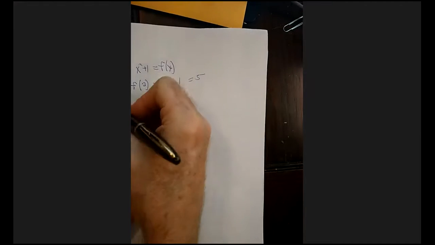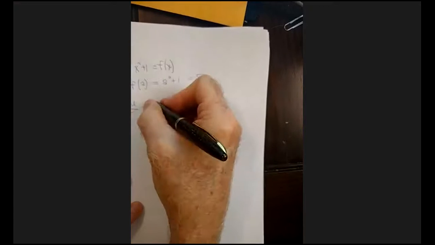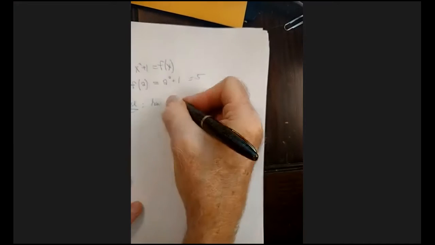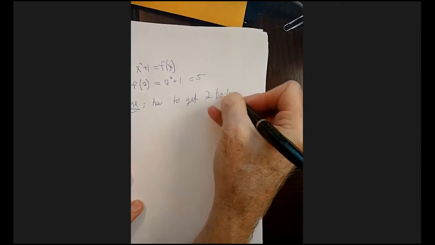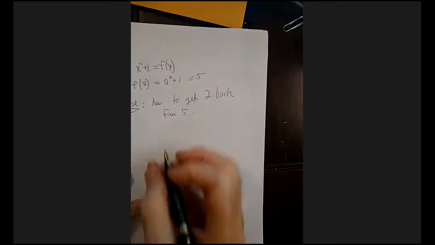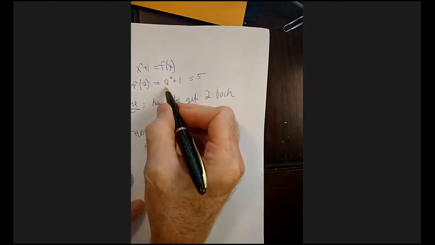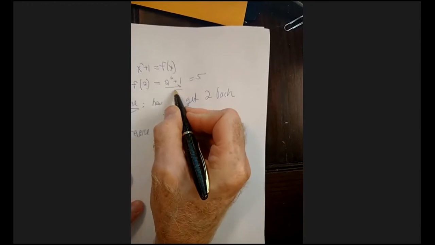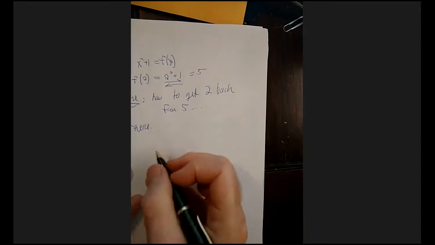And so the inverse is how to go from 5 back to 2, how to get 2 back from 5. That's kind of what the question is. And so I have to reverse my steps. Notice that I went this way for f, so I have to go backwards to recover 2.